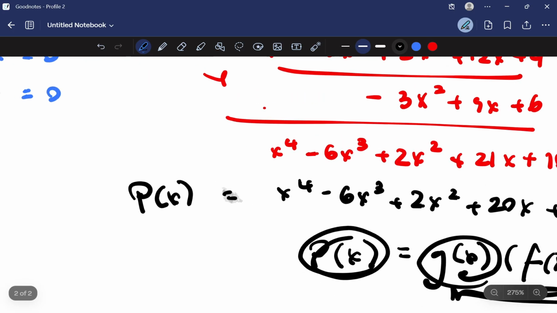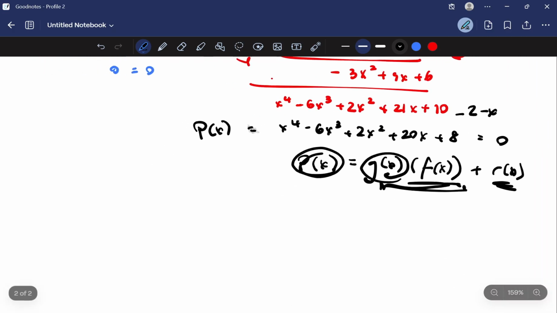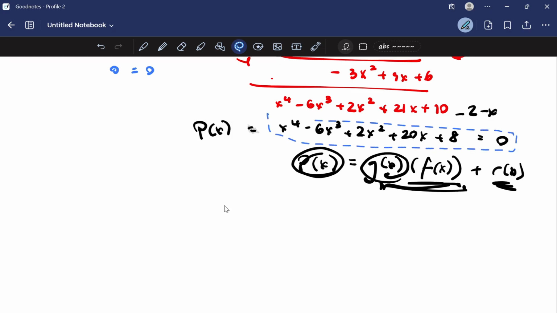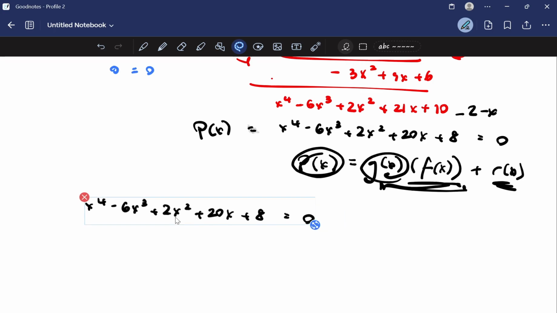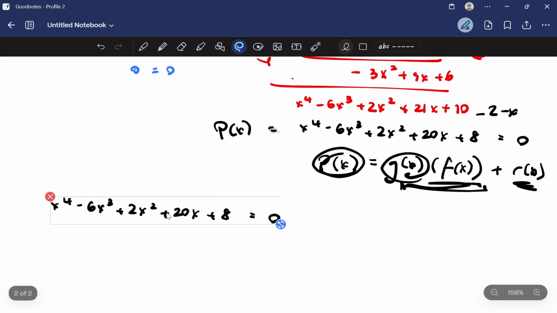So, can I lasso this? I didn't need the equals 0, but it's okay. Can I copy it with my computer? That'd be cool. Yeah, I got it, guys.